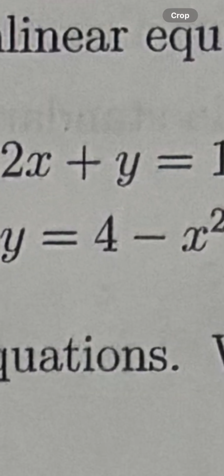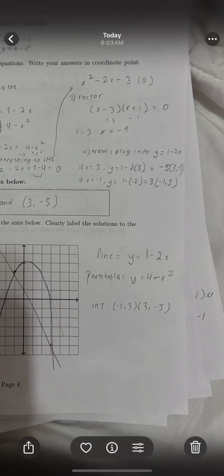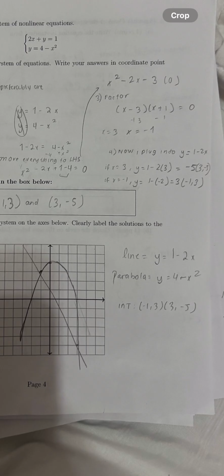We need to take into consideration that a line will always follow the format y equals mx plus b, and a parabola will always follow the format of the squared, I'm sorry. So we basically just start off by graphing the x and the y values that we got in the question above.